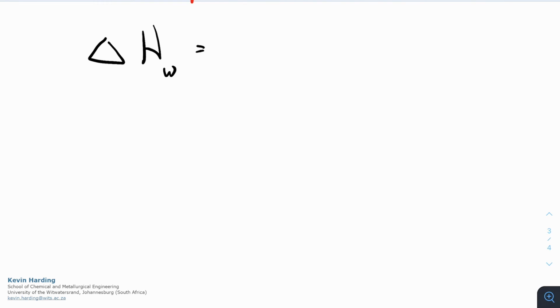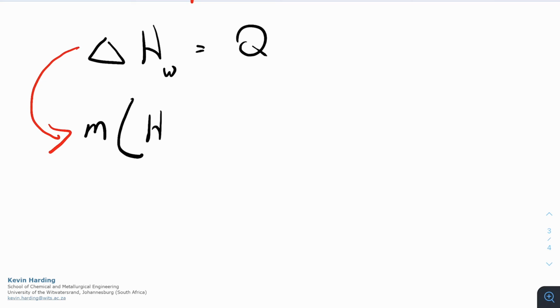Okay, so we're now going to go back to the equation: delta H of the water is equal to the Q term. This delta H of the water is going to be equal to the mass multiplied by the specific enthalpy of each of those terms, so it's per kilogram.